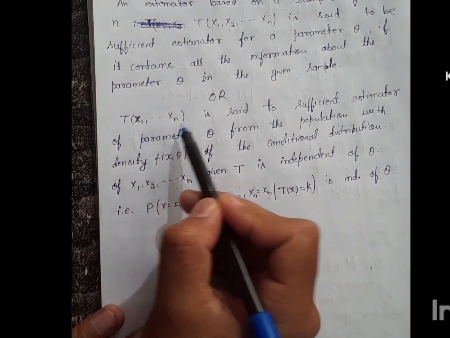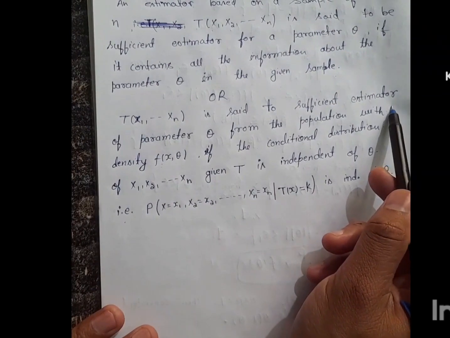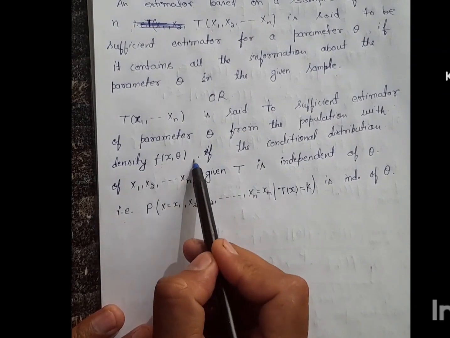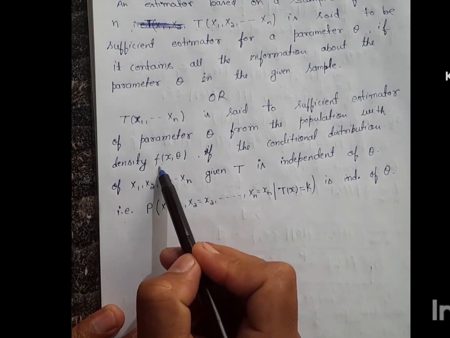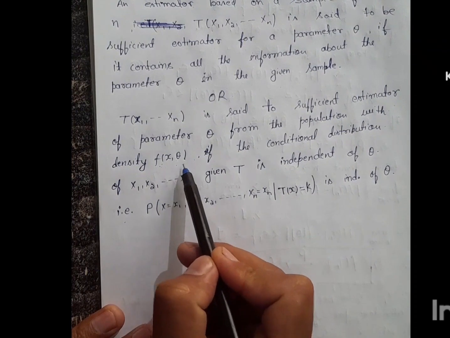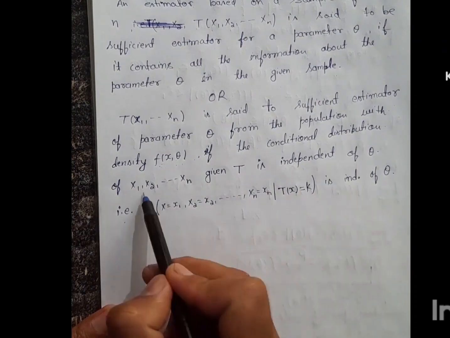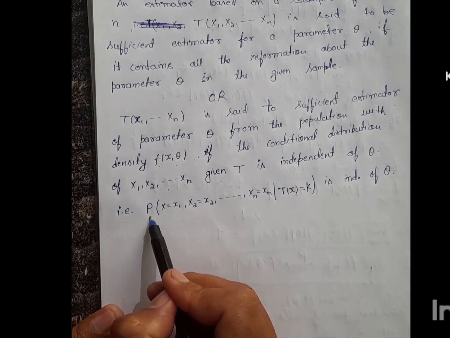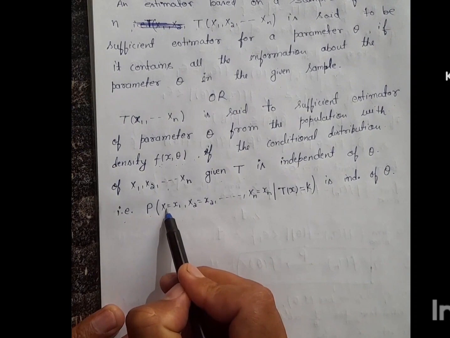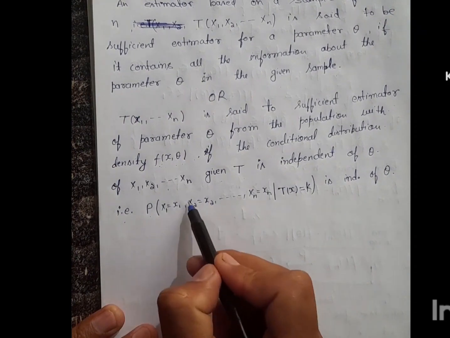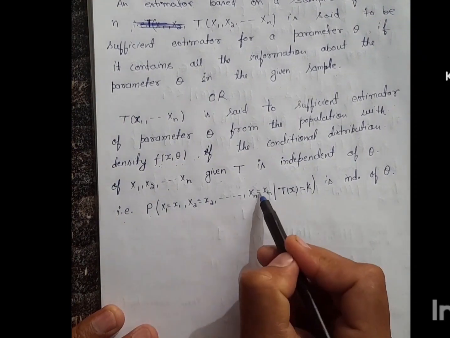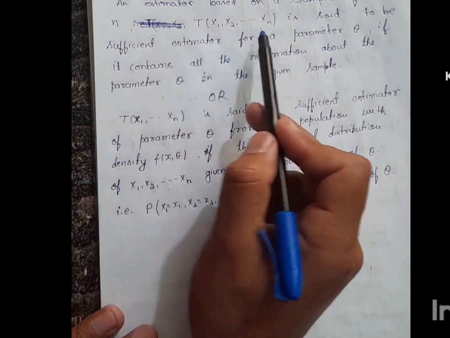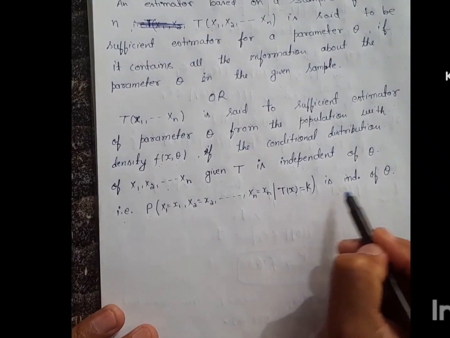The estimator T is said to be a sufficient estimator of parameter theta from the population with density f(x, theta), that means the sample taken from the population with density f(x, theta), if the conditional distribution of the sample observations given T, that means the probability that X1 takes value small x1, X2 takes some value small x2, and Xn takes some value small xn, given the statistic T takes value, let's say k, is independent of theta.